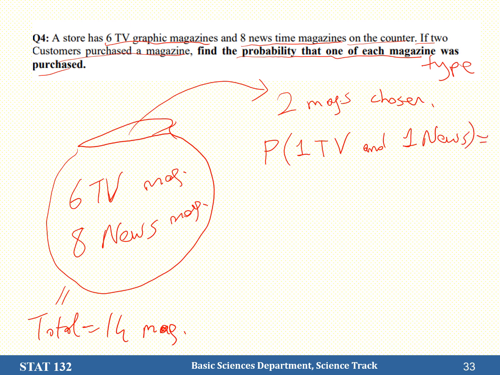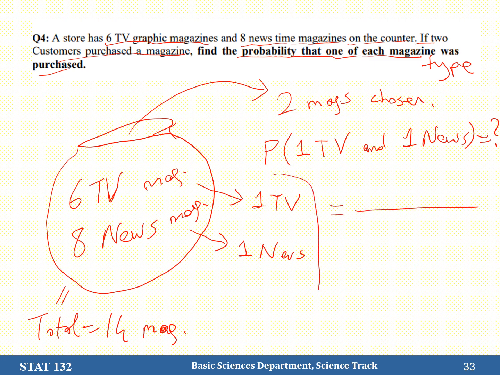So what's the probability that of these 2 magazines, one is TV and one is news? We will look at the number of ways of choosing one TV from 6 and one news from 8, and we will use it in finding the probability.